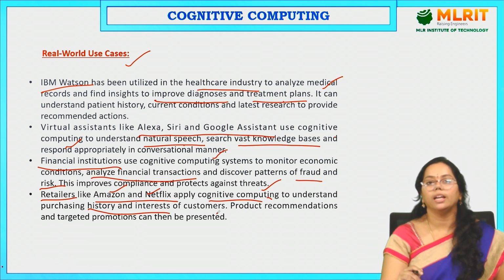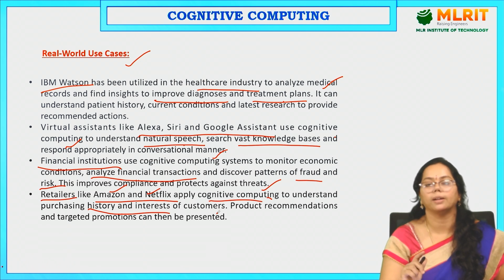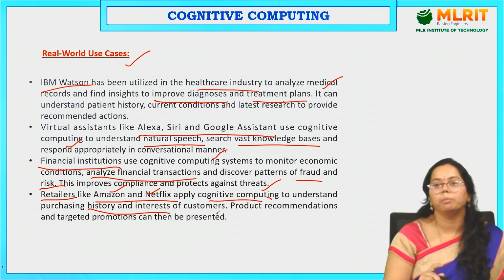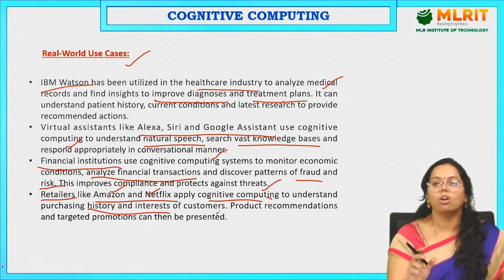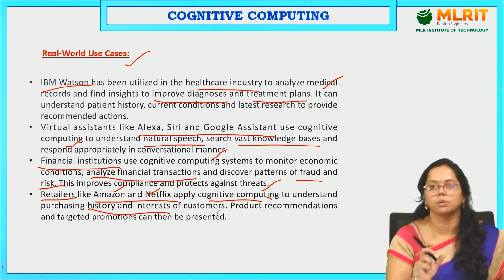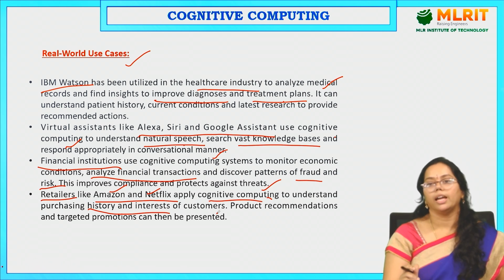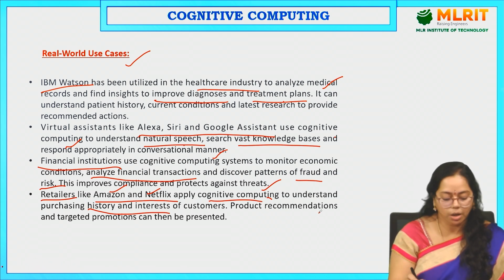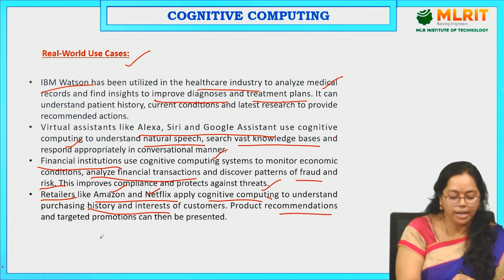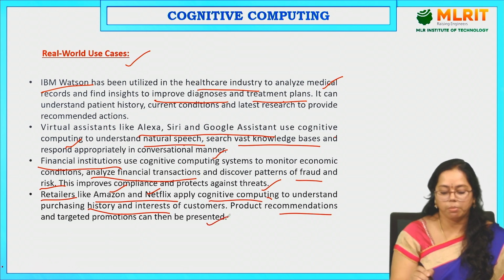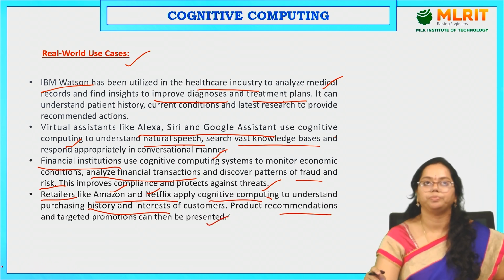According to the customer's interest, cognitive computing will have a track or history of that particular customer, and it will give recommendations likewise. So, product recommendations and targeted promotions can be presented.